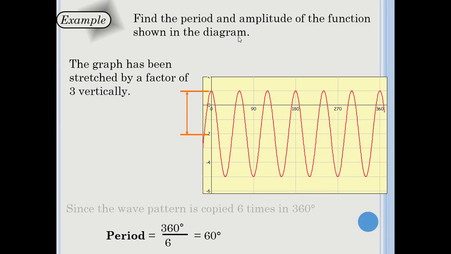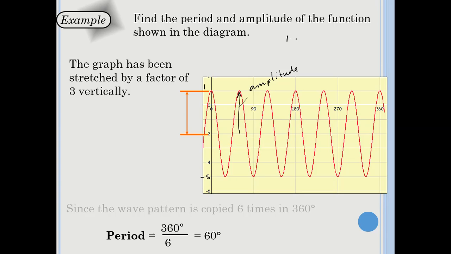Now the amplitude is going to be 3, because if you're not able to just visually see where the middle of the graph is and then the amplitude up, what we can also do is take our maximum, which is 1, and our minimum, which is negative 5, and we can find the difference.